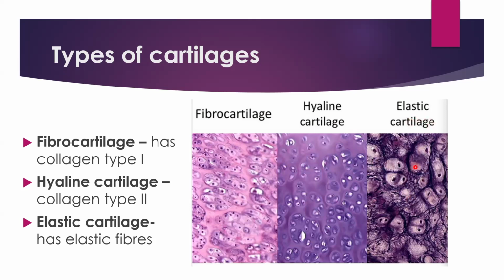Then elastic cartilage has dense distribution of elastic fibers. In addition to that, we'll find that it will also have larger cells in lacunae, unlike in hyaline cartilage. We'll discuss this deeper, but you need to appreciate that fibrocartilage has collagen type 1, that is very much examinable.